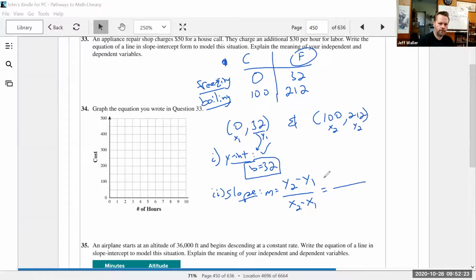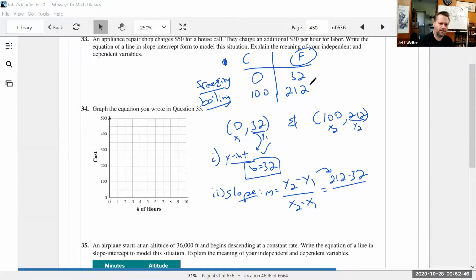So what goes on the top here of the slope? What goes up here? 212 minus 32. Thank you. It's the second y minus the first y.